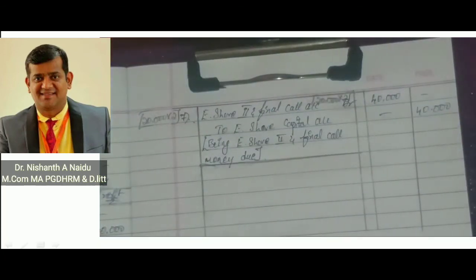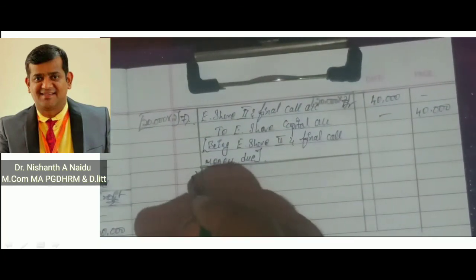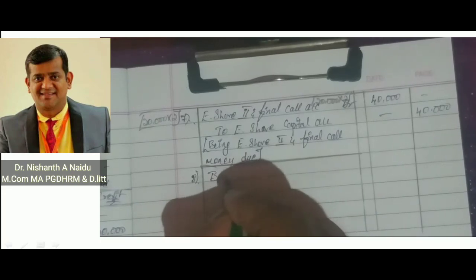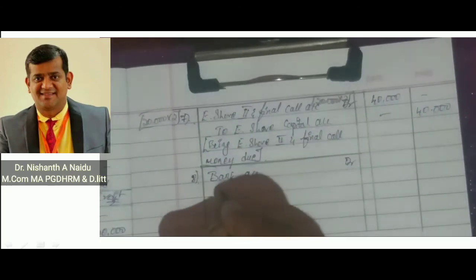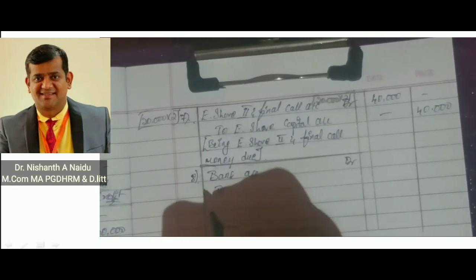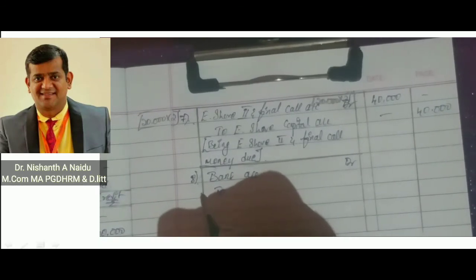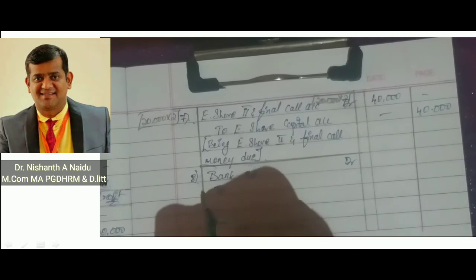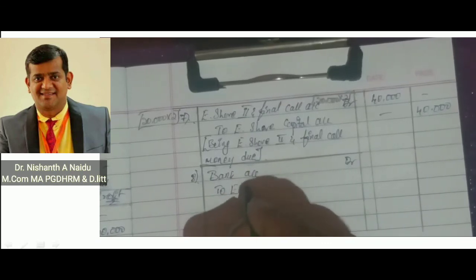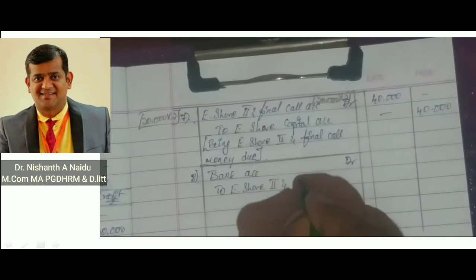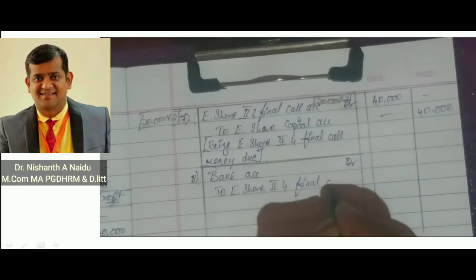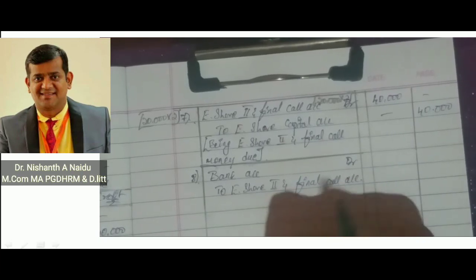Yes. So now the 8th entry I'm passing. So receive entry always starts from bank account debtor to equity share second and final call account.